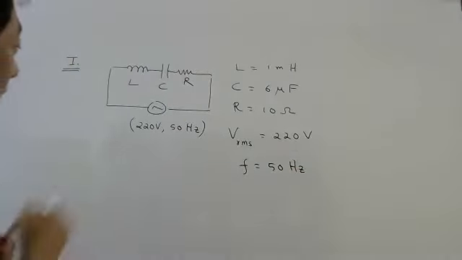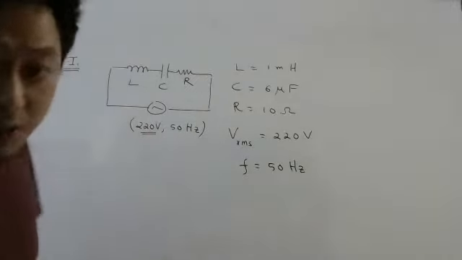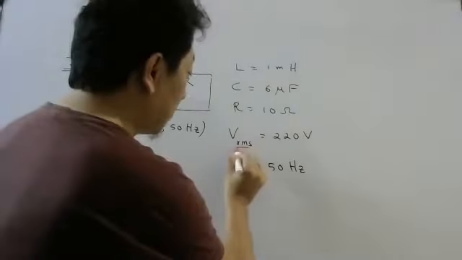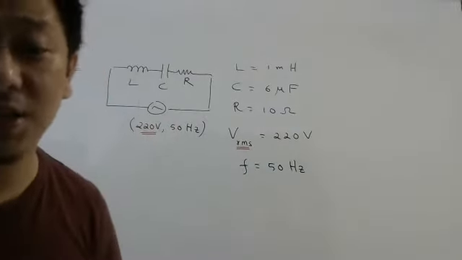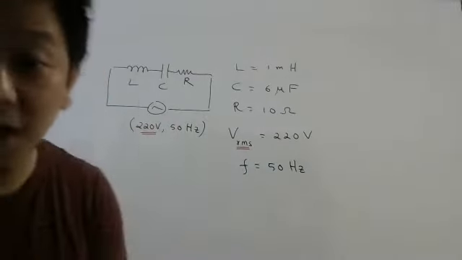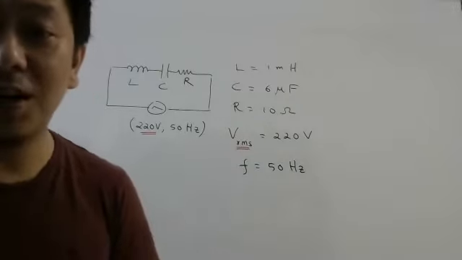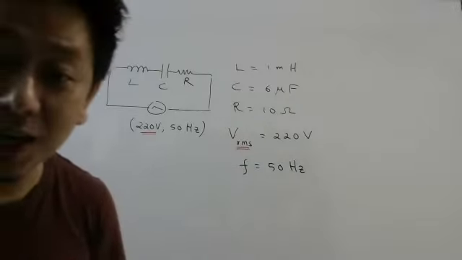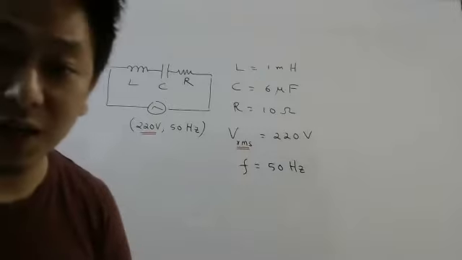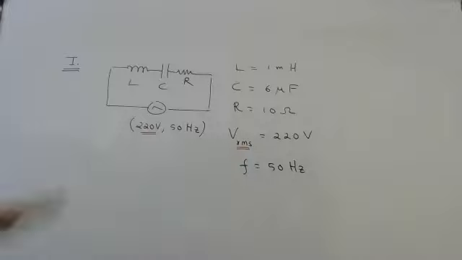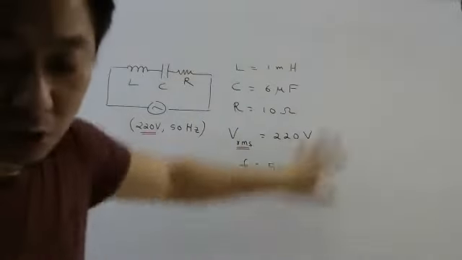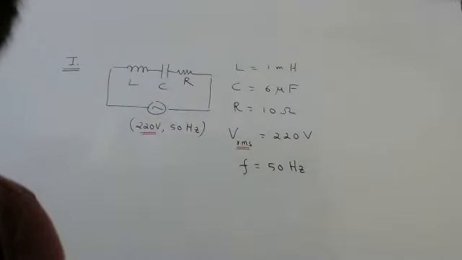Whenever they mention any alternating voltage, it always means RMS value. For example, suppose they ask you to find the current in the circuit. Which current do you have to calculate? You have to calculate RMS current, not peak current or instantaneous current. So always remember that. Given these quantities, what can they ask you?